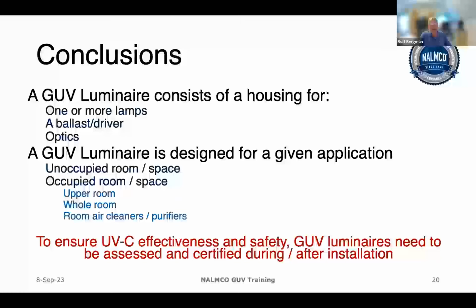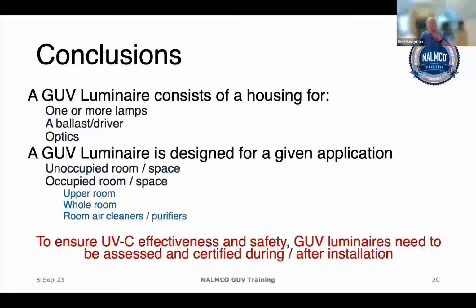So the conclusion from the Luminaire section: a luminaire consists of a housing that contains one or more lamps. It contains a ballast driver for the lamp, and it has optics to steer the light and limit the light from going to the places you don't want, and optimize the light in the place you do want.